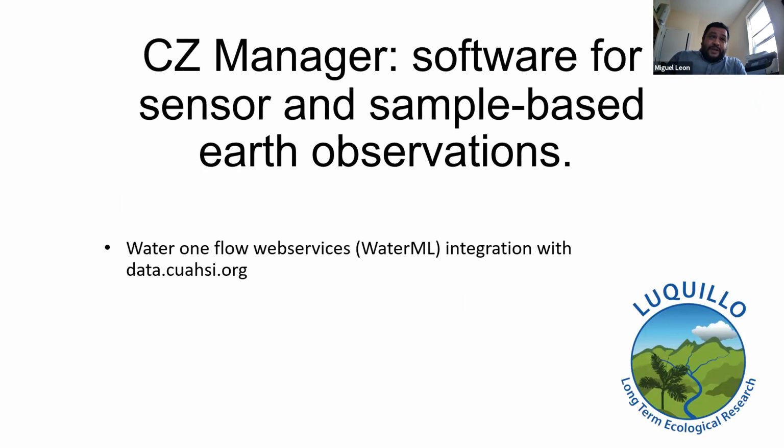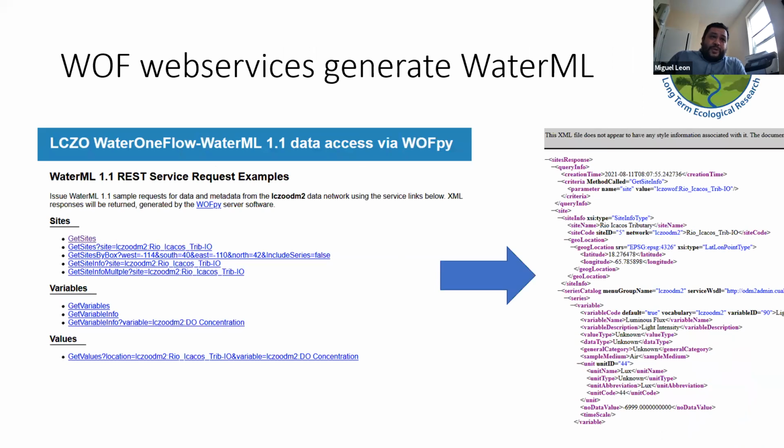So we'll talk a little bit more about WaterOneFlow Web Services and integration with data.kuwasi.org. Before, we looked at these REST service request examples. For instance, if you click on Get Sites, you're going to see the XML to the right, which is the WaterML format for sites.